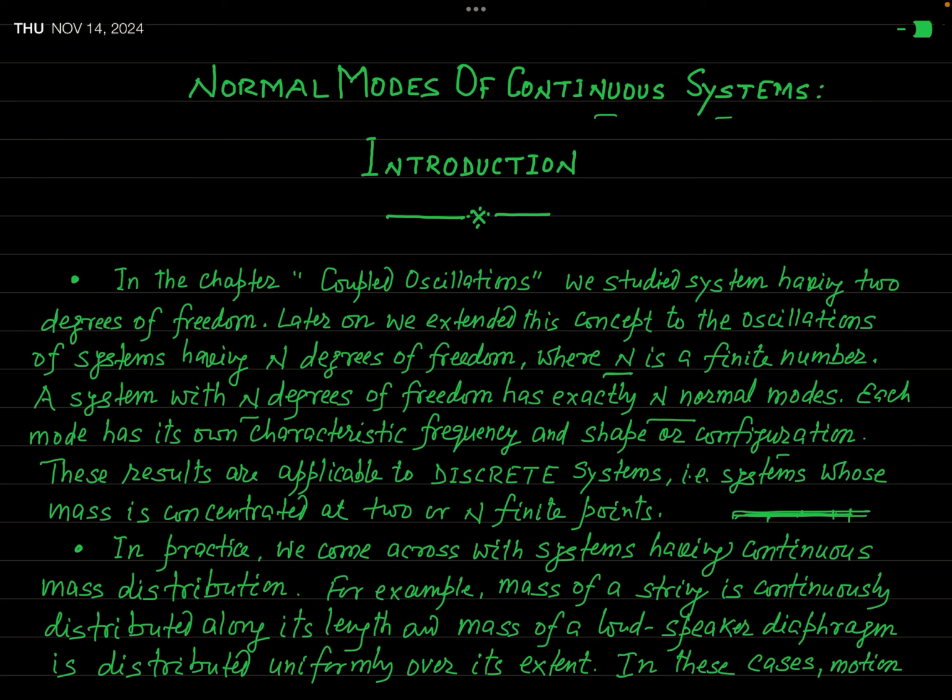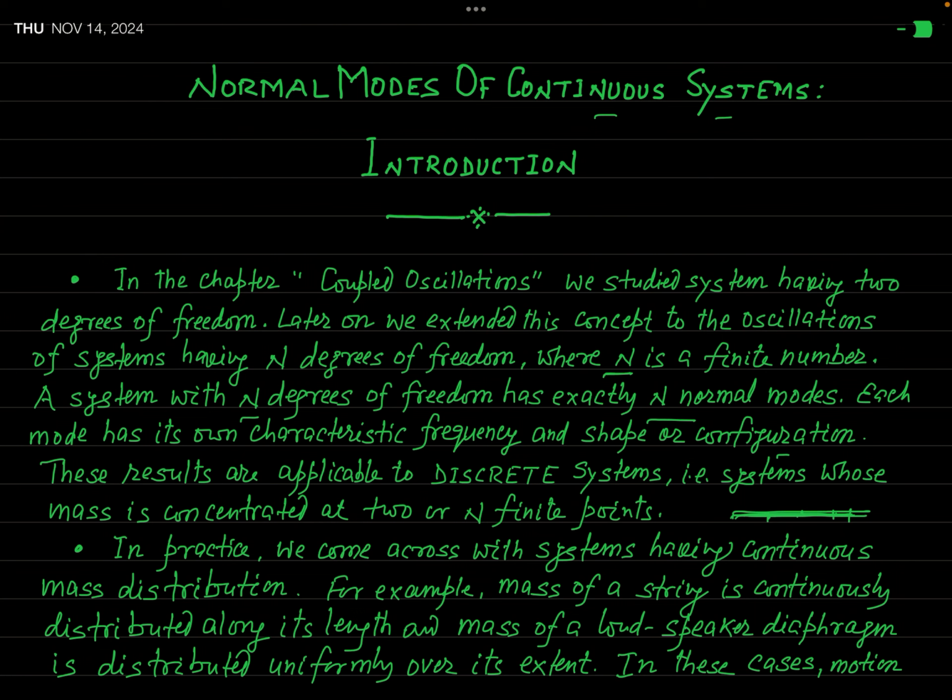Although the mass distribution may be non-uniform, in most of the theoretical cases we will consider a string whose linear mass density is constant. That is, mass per unit length is constant. That is called uniform distribution. But if mass per unit length is not constant, then that is a non-uniform distribution.